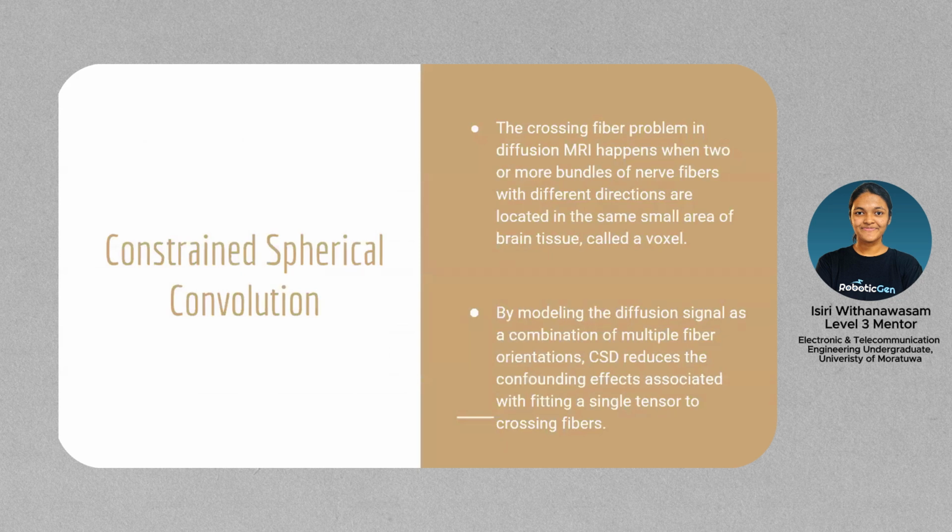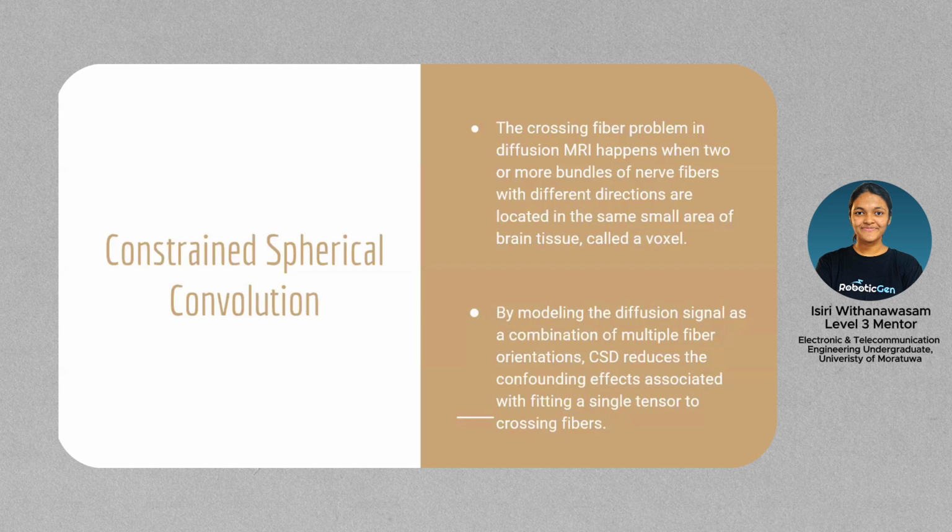And then this is the most important thing. Constrained spherical deconvolution. In our brain, water moves differently in different parts. I told you that we have white matter and gray matter. Other than that, we have cerebrospinal fluid. Cerebrospinal fluid is a liquid which protects our brain and the spinal cord of our body. White matter moves water along the fibers in one direction.